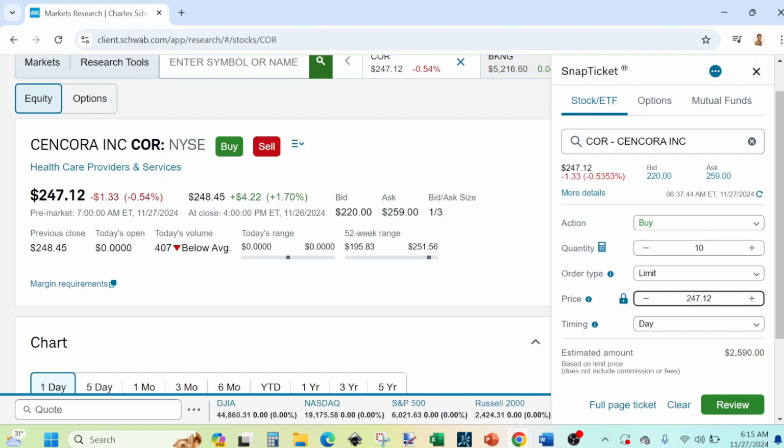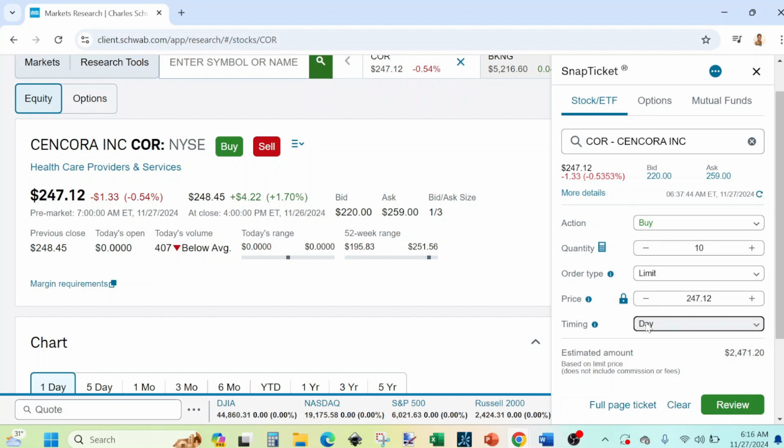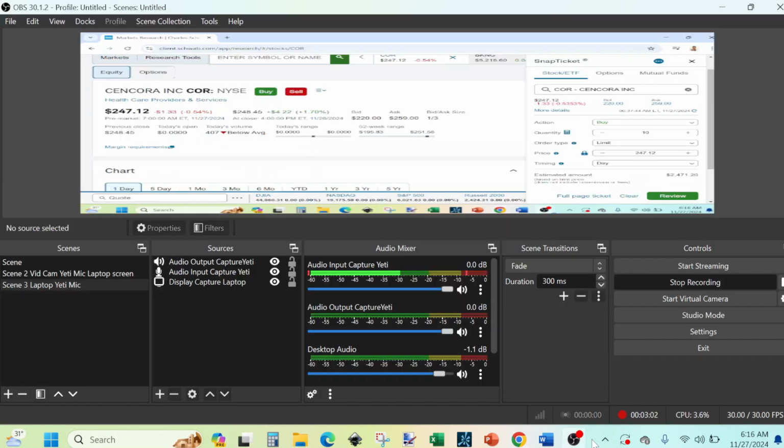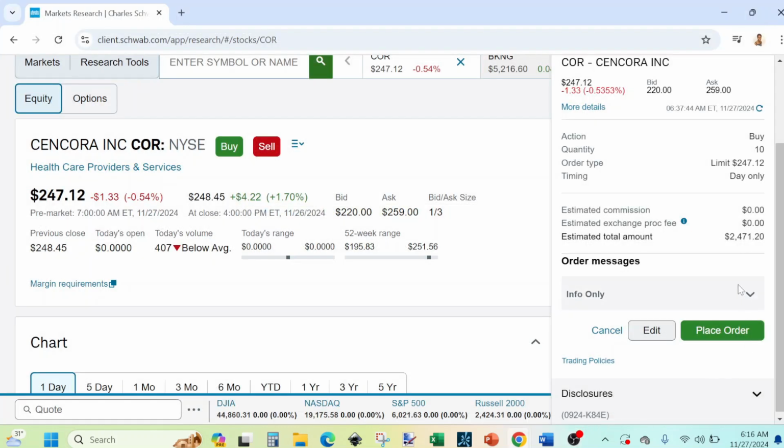I want to buy at the lowest price of those three, but what happens is it may not go through if the price does not get that low during the day. For that reason, since I'm swing trading, and I'm not investing in dividend stocks for a longer time frame, I want that order to go through.